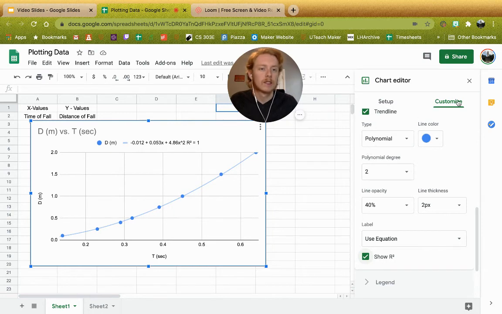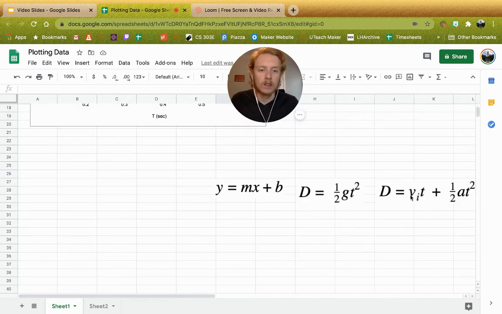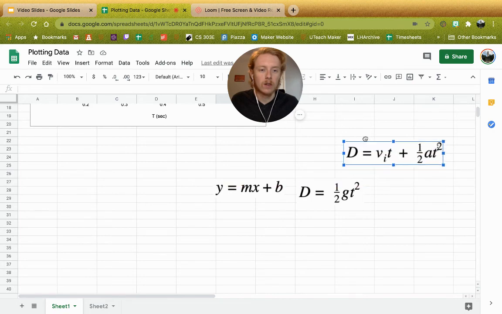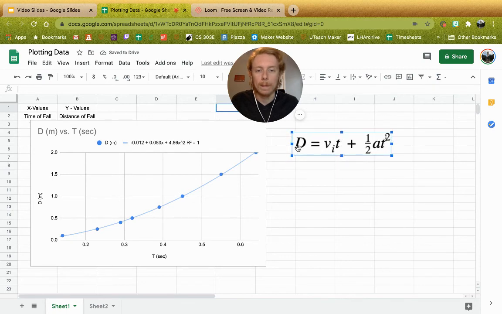And if we know enough about physics, we should recognize this equation. The distance is the initial velocity times the time, plus 1/2 times the acceleration times the time squared. And sure enough, this is a quadratic relationship. You have distance and you have time squared.